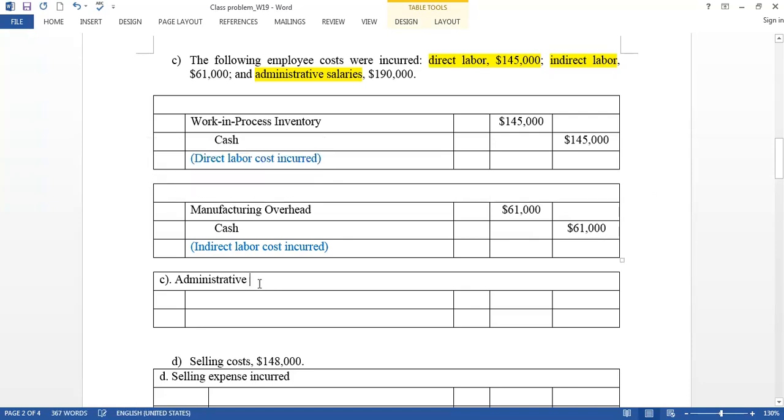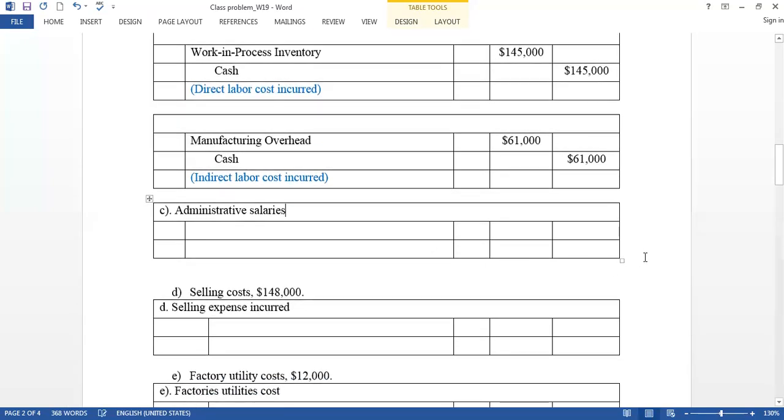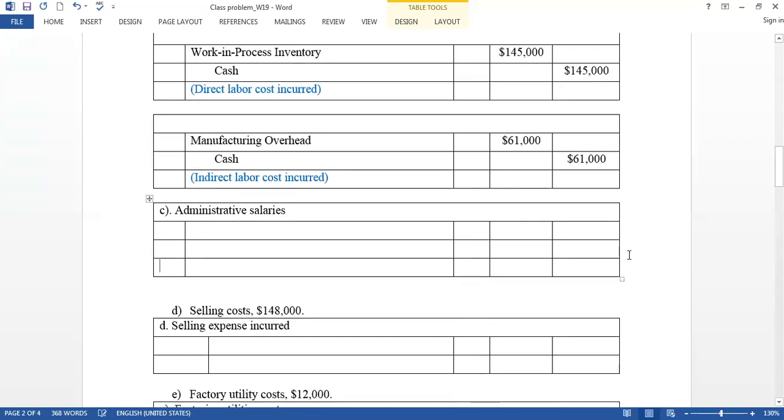Now administrative salaries. As it is administrative salaries, that means it is not related with factory, right? If it is related with factory, then either manufacturing overhead or work in process, right? So direct part goes to the work in process of factory, and another factory's cost goes to the manufacturing overhead.